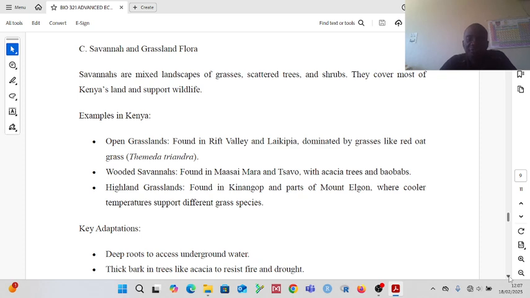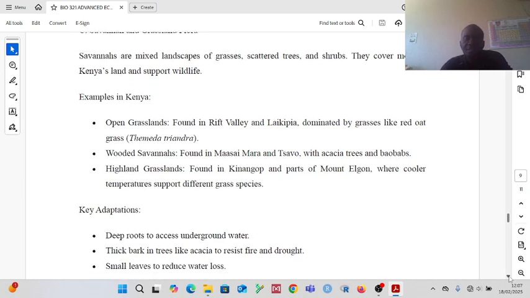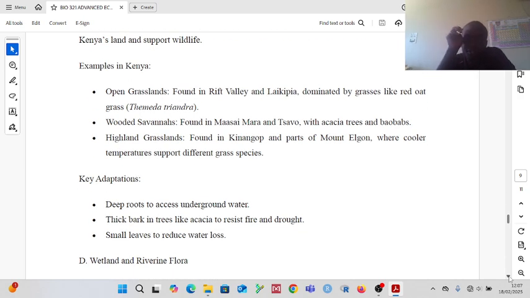But what is critical for the flora within the savanna and grasslands, the key adaptations, is that most of them will have deep roots to help them access the underground water. Some, like the acacia, will have thick barks, so that those thick barks will not only help in resisting fires, but also in the resistance against drought.